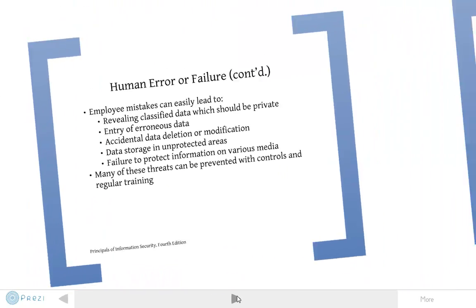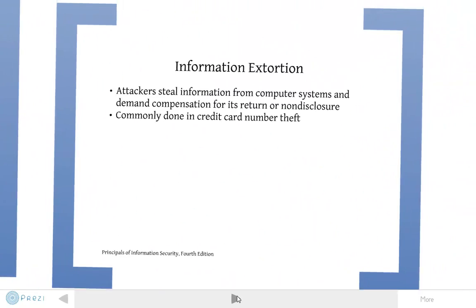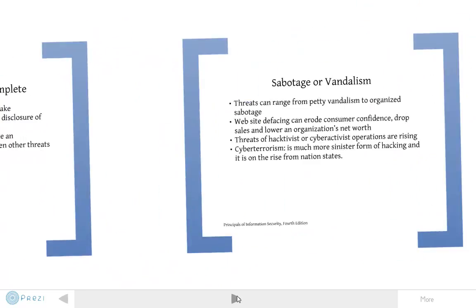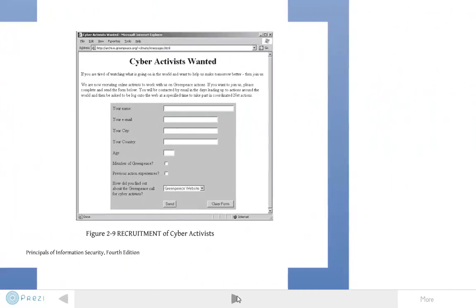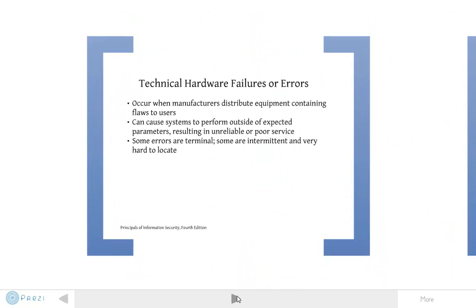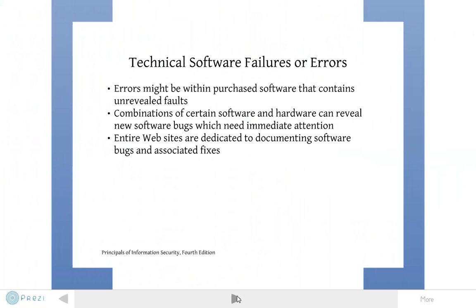Oh, those are human errors. Extortion, sabotage. There we are. Software errors. Of course, this is much easier to come by, and it's far more common than hardware errors, and can cause quite a bit of issues.